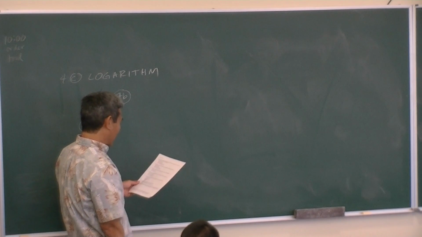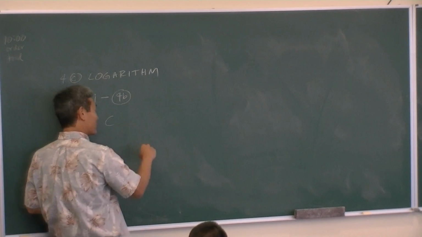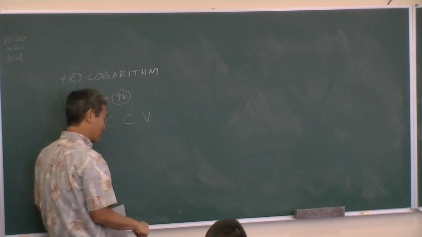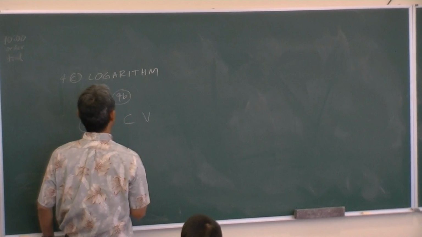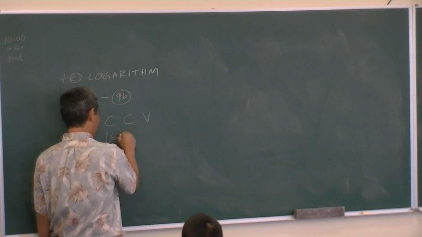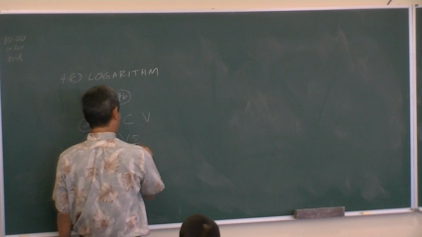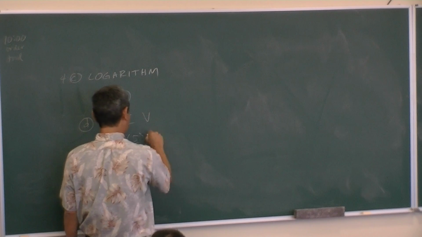Find the probability that 2 are consonants. Okay, let's do a specific case. Consonant on the first draw, consonant on the second draw, and then vowel on the third draw. If I randomly select a letter, what's the probability that it's a consonant? 6 out of 9. And then another consonant on the second draw: 5 out of 8. And then a vowel on the third draw: 3 out of 7.